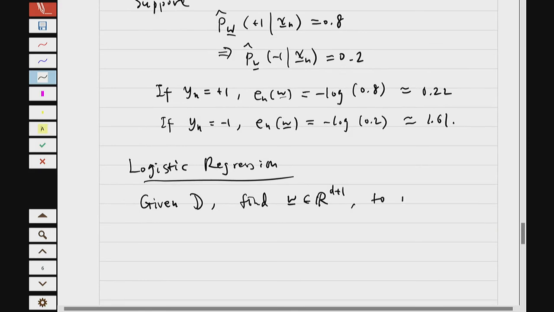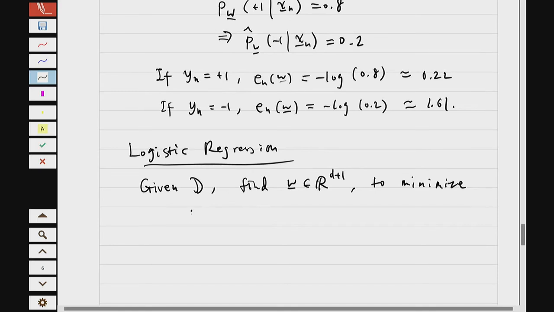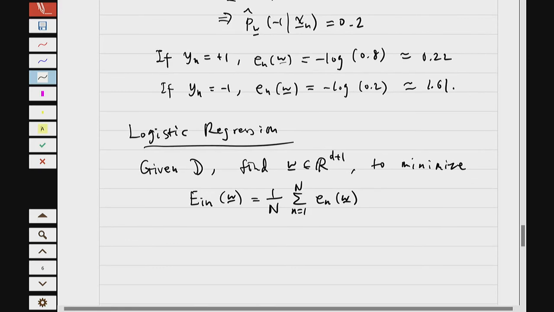But we don't minimize the number of errors, like in linear classification, but rather we minimize this loss function, the average of the E_n(W). And you can write this down, because each one of them is just that log form, as the sum for n equal to 1 to N of log of 1 plus e to the minus y_n W transpose x_n, like this.